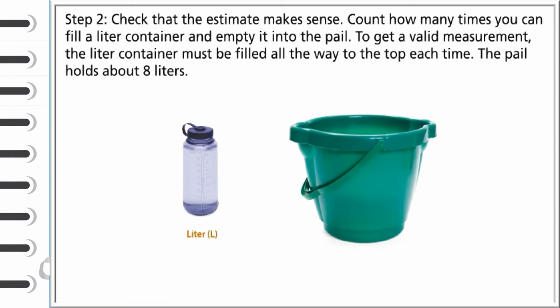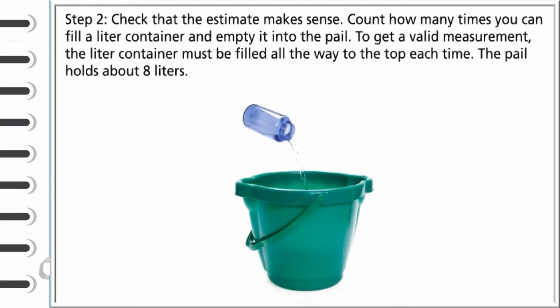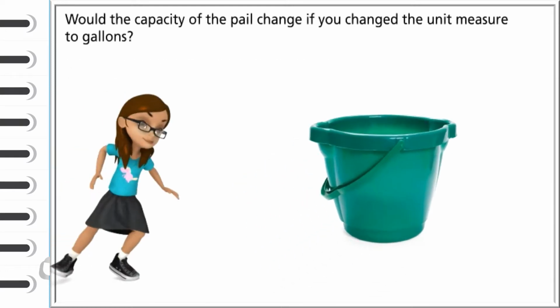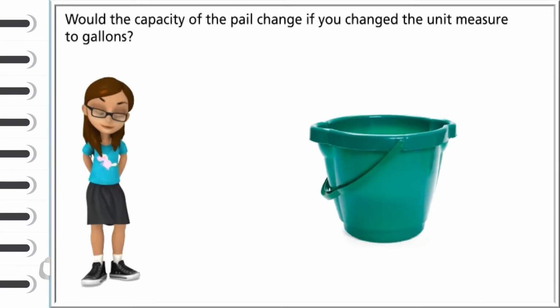Step 2. Check that the estimate makes sense. Count how many times you can fill a liter container and empty it into the pail. To get a valid measurement, the liter container must be filled all the way to the top each time. The pail holds about 8 liters. Would the capacity of the pail change if you changed the unit of measure to gallons?